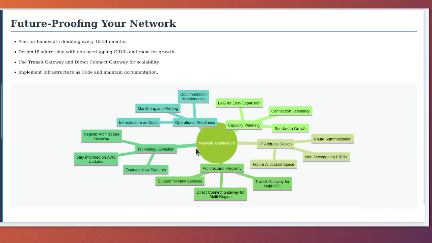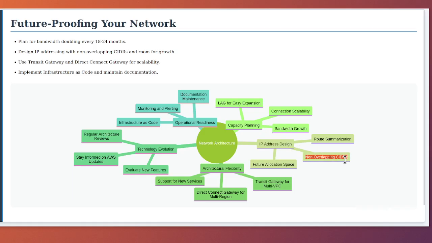At the center is your network architecture strategy. Branching from this is capacity planning, including bandwidth growth projections and connection scalability. Another branch focuses on IP address design, incorporating non-overlapping CIDRs and route summarization capability.